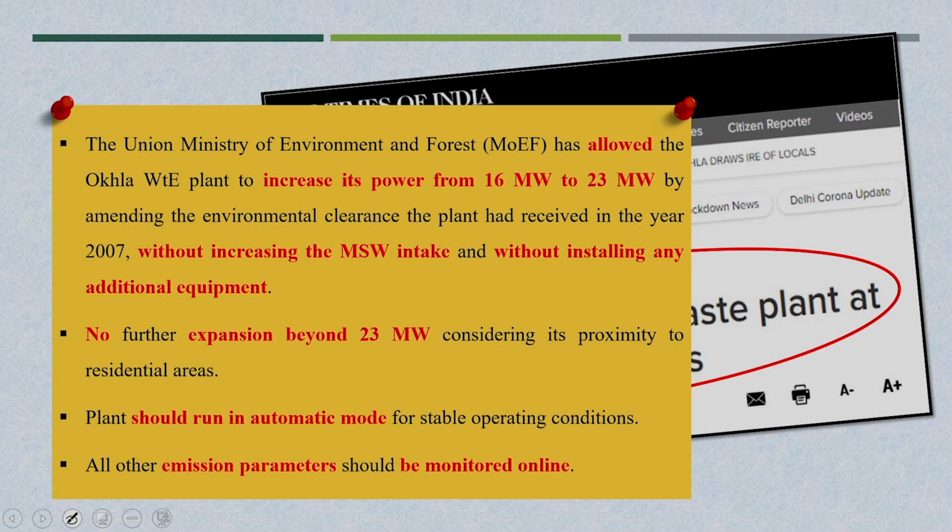So, the NGT came in between and asked for fines of around 25 lakh rupees.